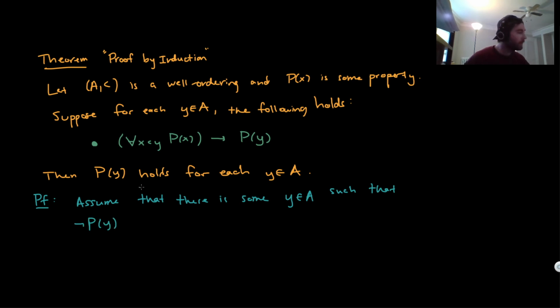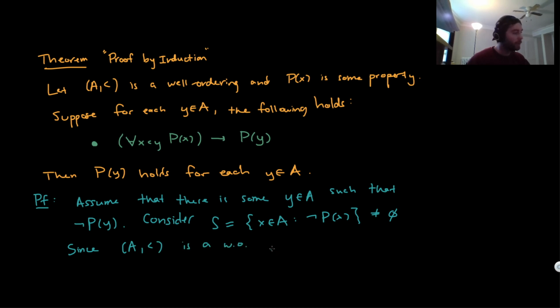And consider the following set S, which is going to be all of the values of A for which P of x fails. That's a set by comprehension. Well, this thing is non-empty. And why is it non-empty? It's non-empty because y is going to be in S. So since A is well ordered, S has a least element.